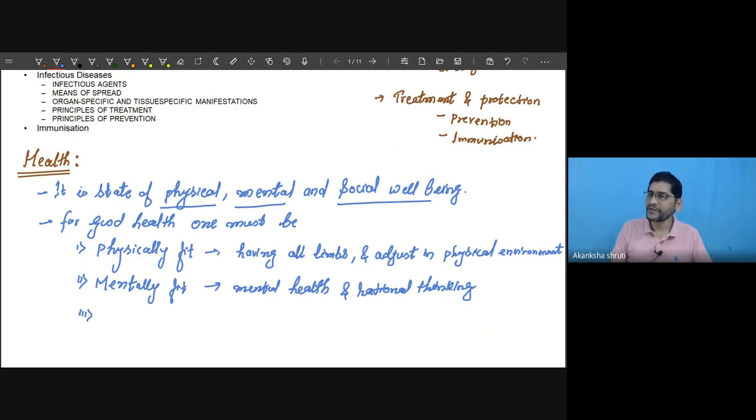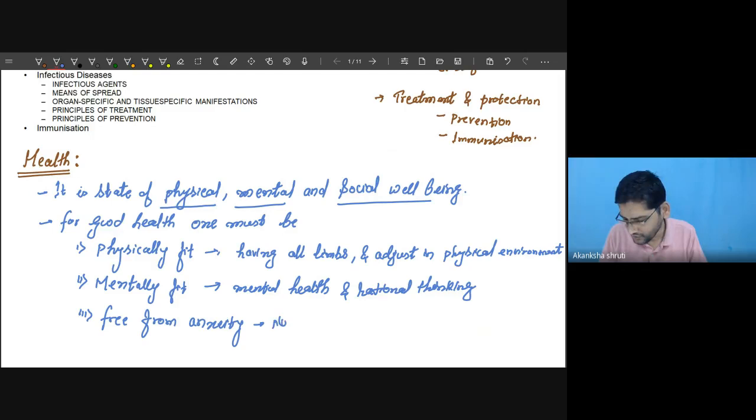The third one is the person must be free from anxiety. He is not always thinking something. So it is part of your mental fitness. Free from anxiety means no mental tension.